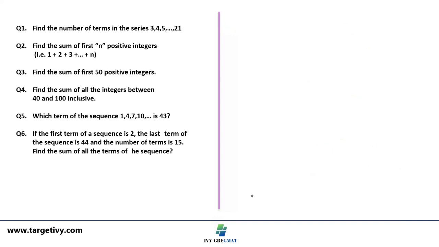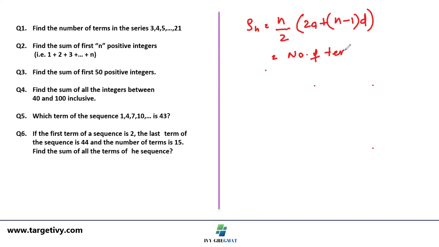The sum of first n positive integers. So fairly simple. Sn is equal to n by 2 multiplied by twice a plus n minus 1 into d, or we can say, fairly simple, number of terms into their mean.